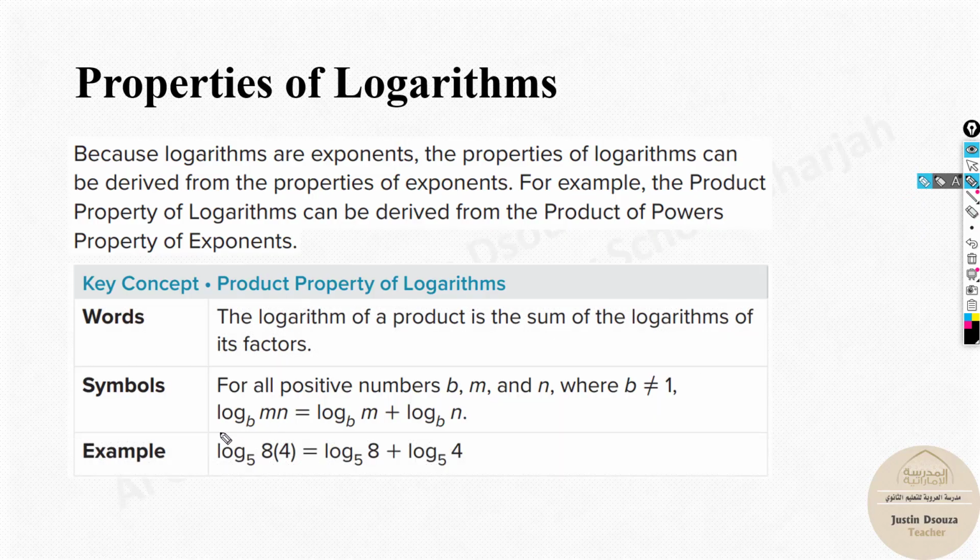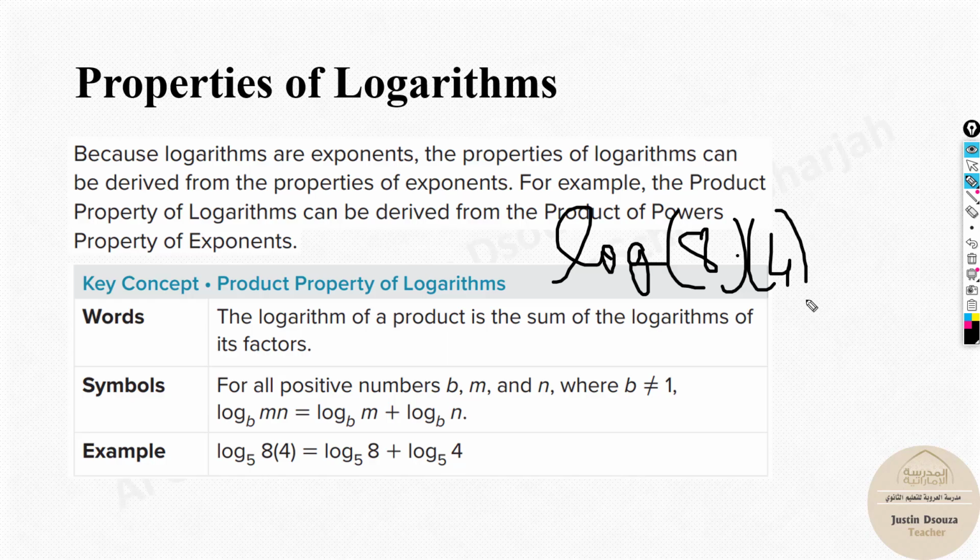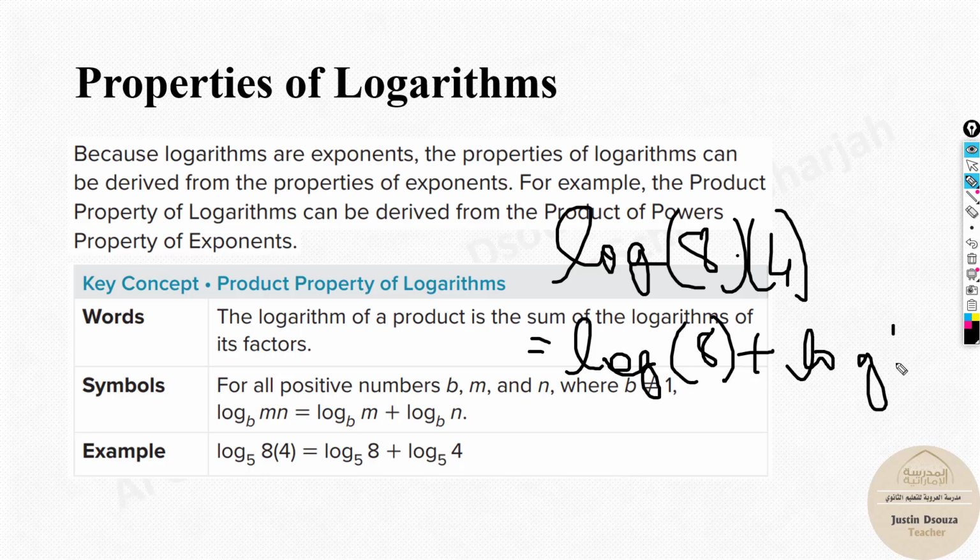Whenever you have, say, the log of a number like 8 multiplied by 4, you can simplify this. Now the base must be the same. You can take it as any base. If you don't write the base, it will be 10. Now this would be equal to log 8 plus log 4.